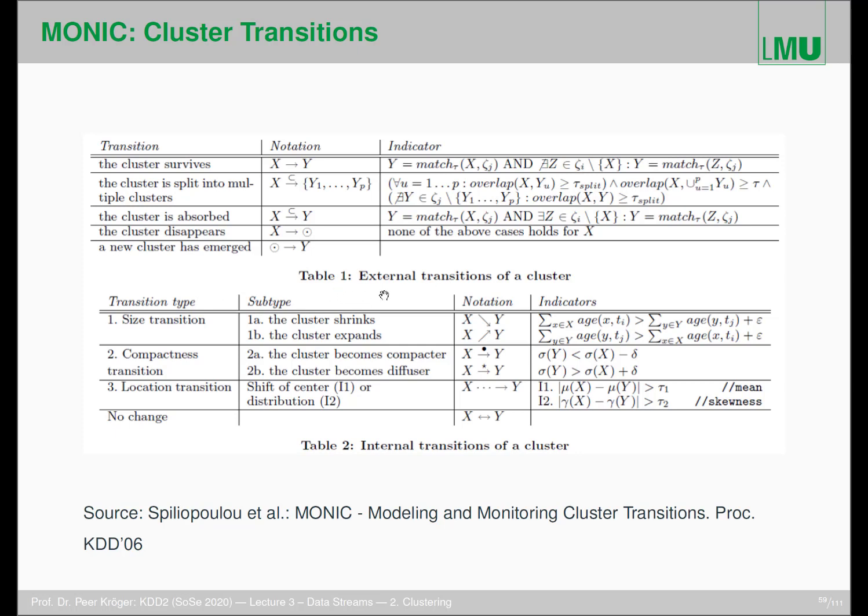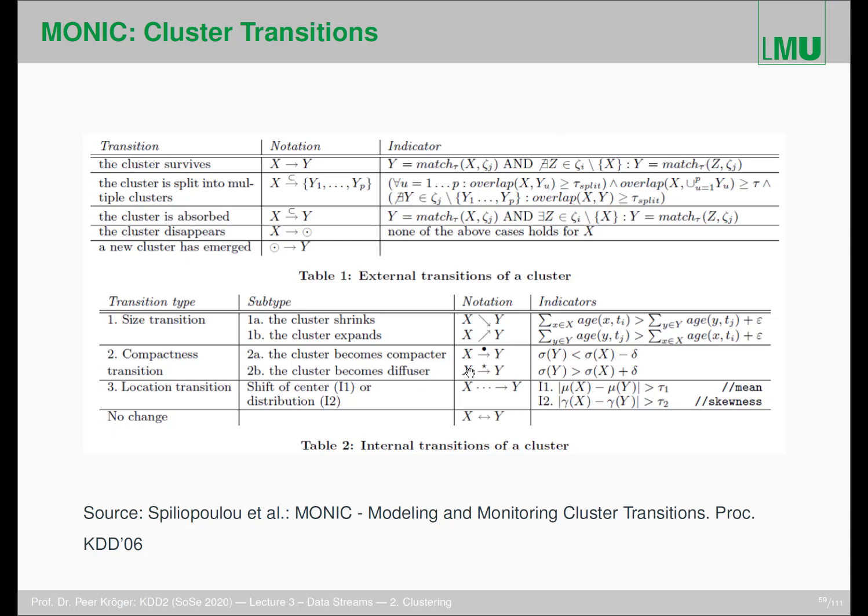This is the external transitions of a cluster, and there may also be internal transitions of a cluster, which means size transitions. So the cluster may shrink or expand. Compactness transition, the cluster may become more compact or less compact, so more diffuse. Location transition, so shift of center or distribution, and also no change, of course.